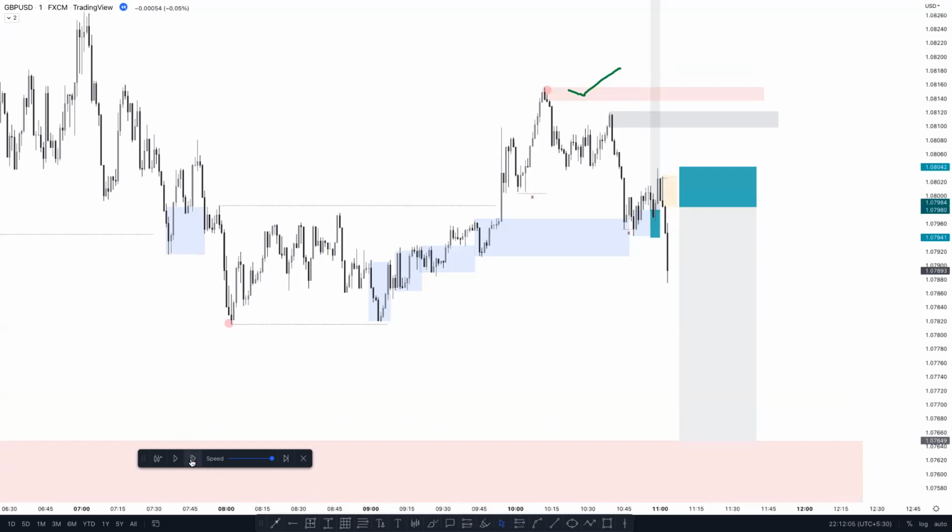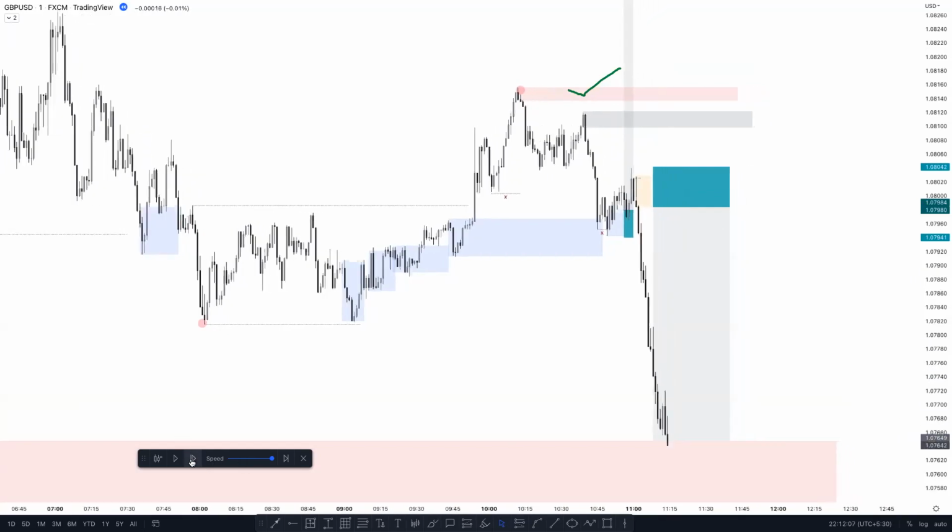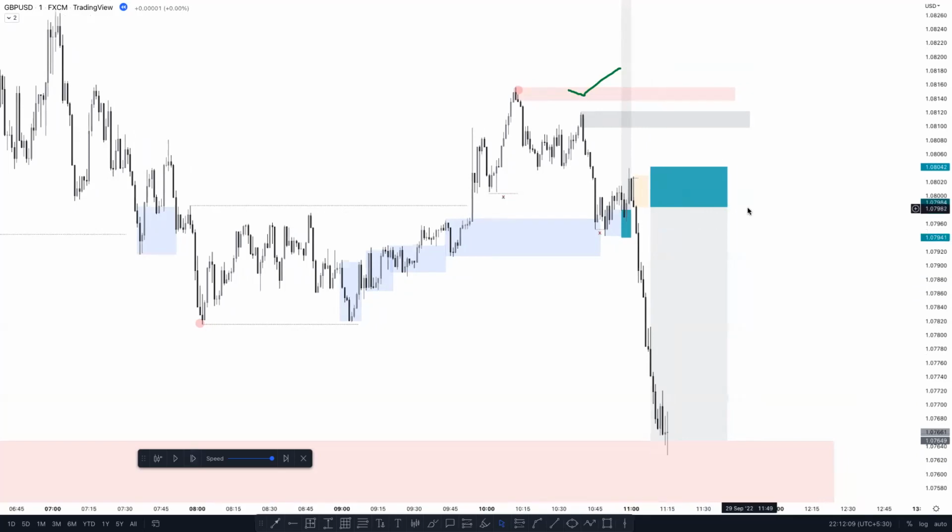So let's see. Oh, market directly pushes downside without mitigation of entry. Yes, we can use, like in inducement, if there is no liquidity sweep, then we should definitely use inducement before the buy or sell.